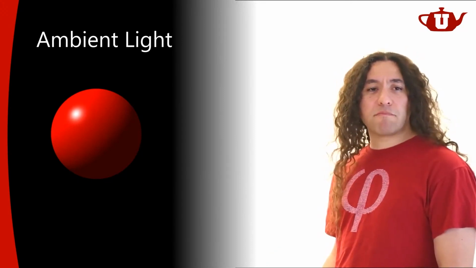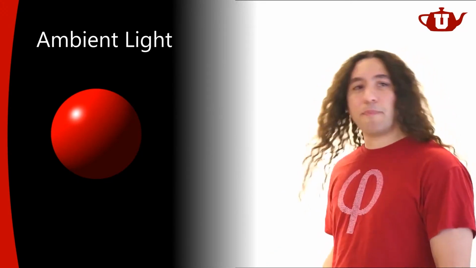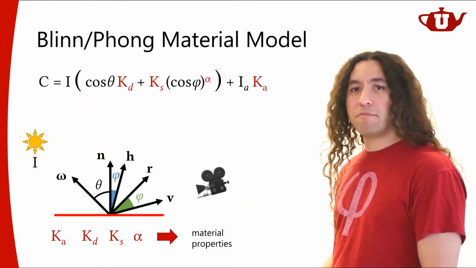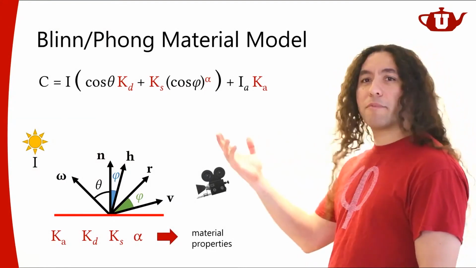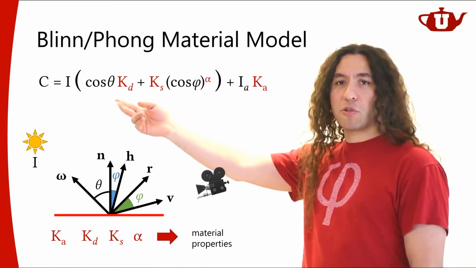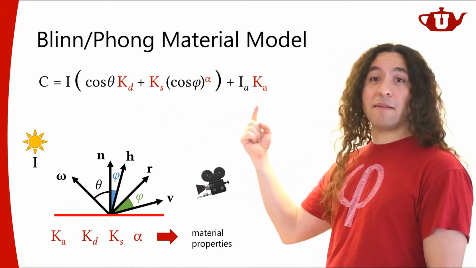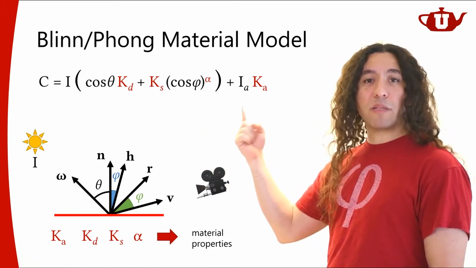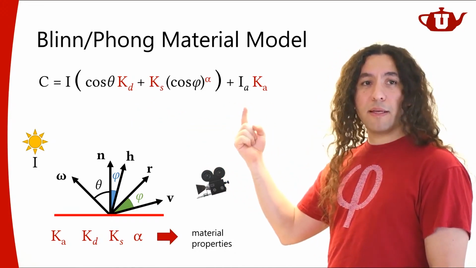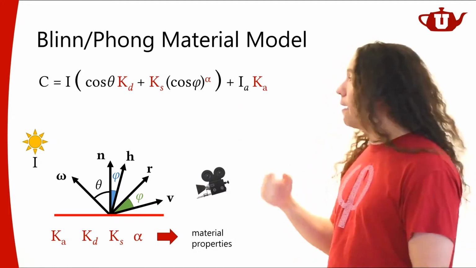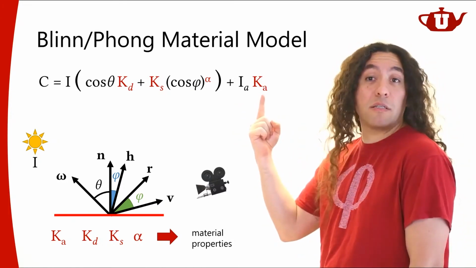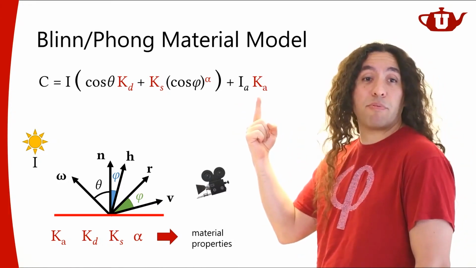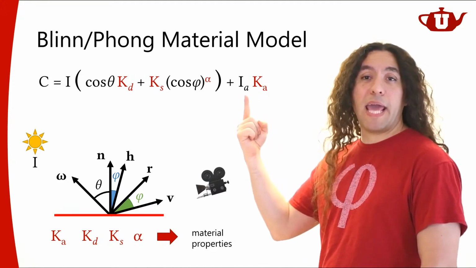And if I put it inside my Blinn-Phong material model, I'm going to have the diffuse term, the specular term, and this ambient term here. In this case, I have this ambient color of my material as a parameter, just multiplied by the ambient light.